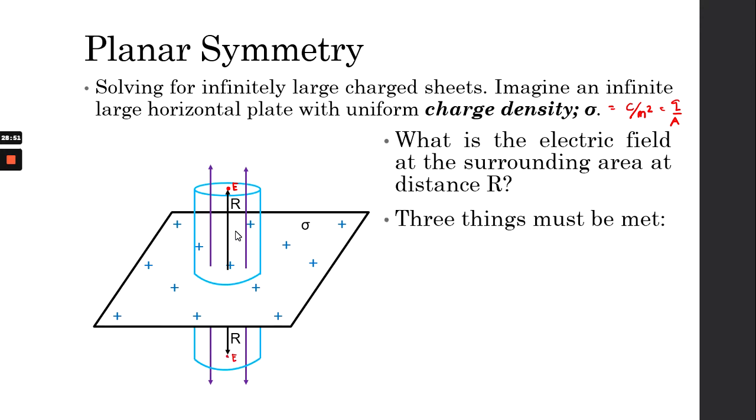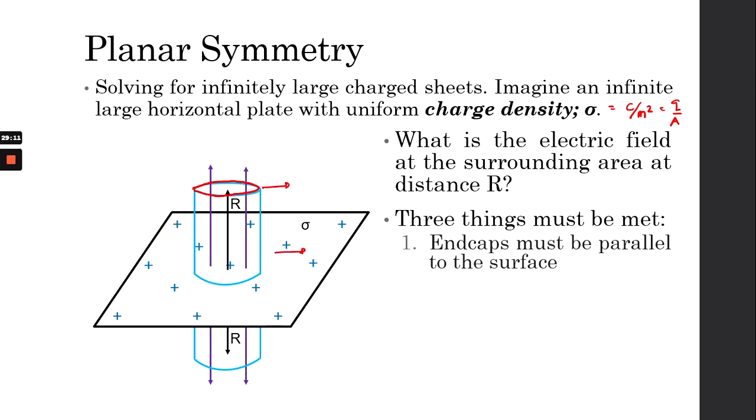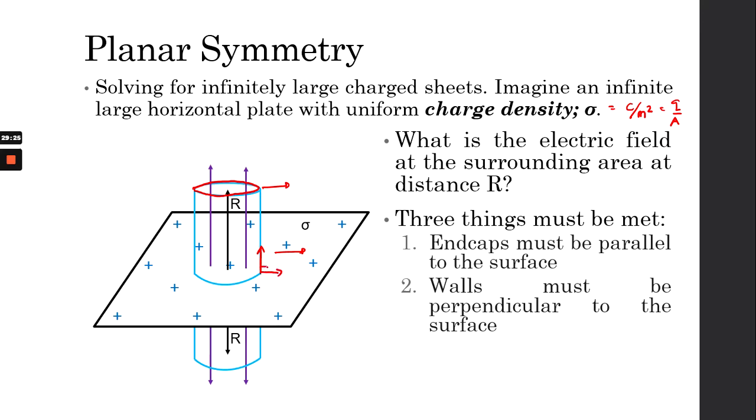In order to create this, there are three things that must be met. One, the end caps must be parallel to the surface. What are the end caps? The end caps are this right here, and this end cap should be parallel to your surface. Another thing, the walls of your planar symmetry, which in this case is a cylinder, are perpendicular to your surface.